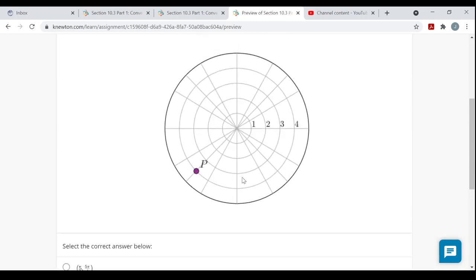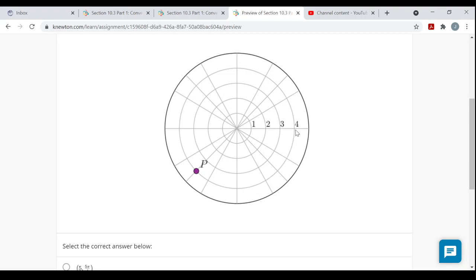Now remember, I've talked about this in other videos. That's not the only way I could get there though. I could have started at positive 4 on the polar axis, and then I could have traveled clockwise. But remember, if you travel clockwise, that's a negative angle.